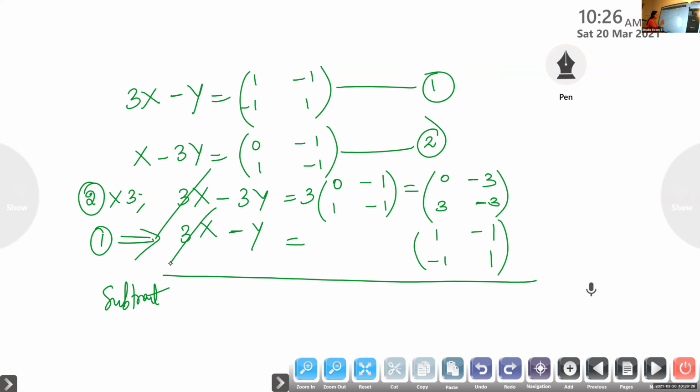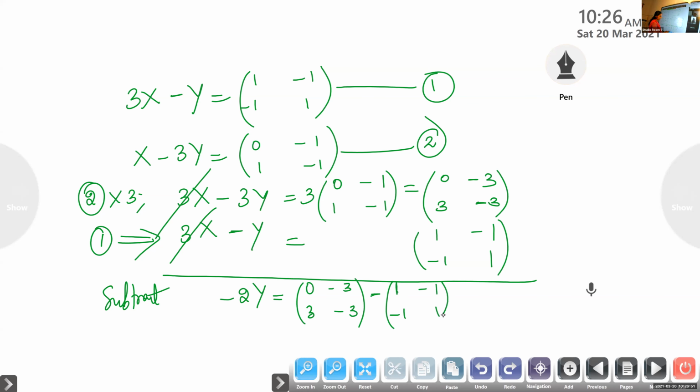Minus 3y minus of minus y means minus 3y plus y, so we'll get minus 2y is equal to 0 minus 3, 3 minus 3 minus 1 minus 1 minus 1, 1.